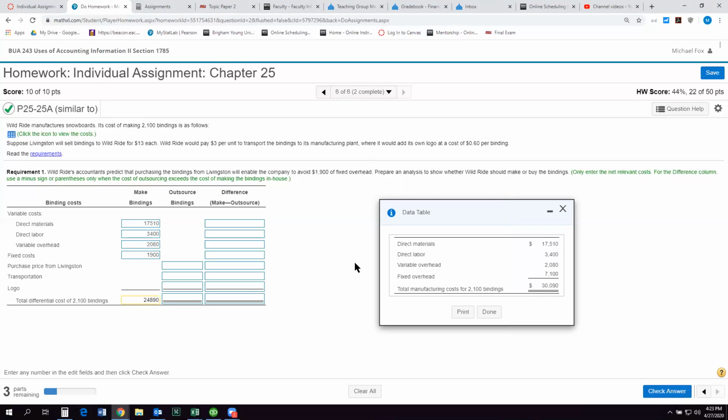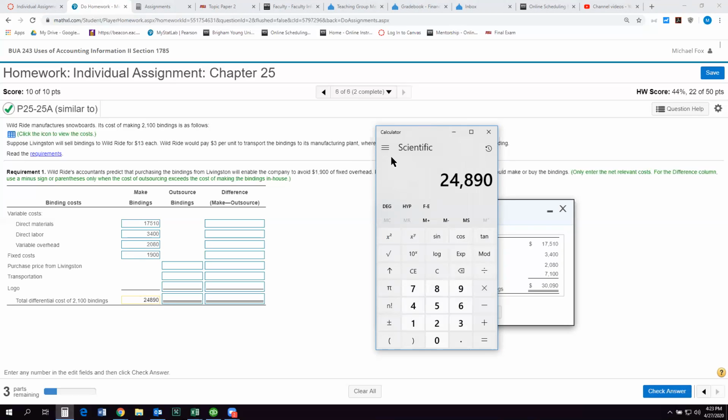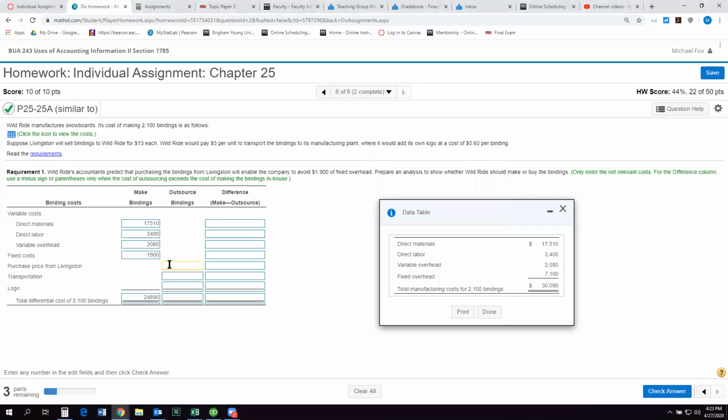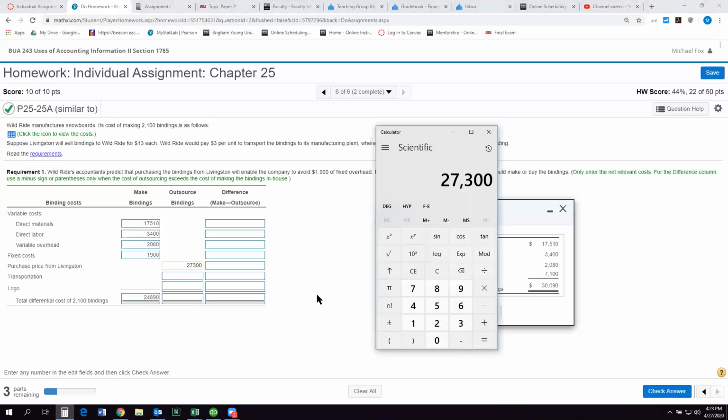Now the cost of outsourcing these will be the number we're making times the cost. So our purchase price from Livingston is 2,100 bindings times $13 a piece, which is 27,300. And then transportation is going to be $3 times 2,100, which is 6,300.